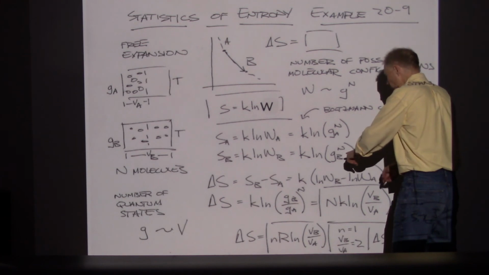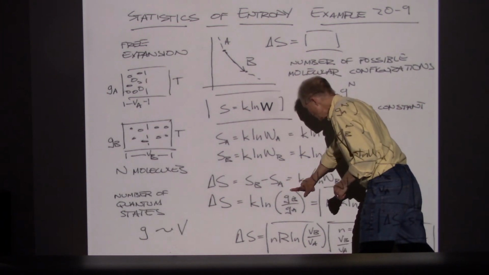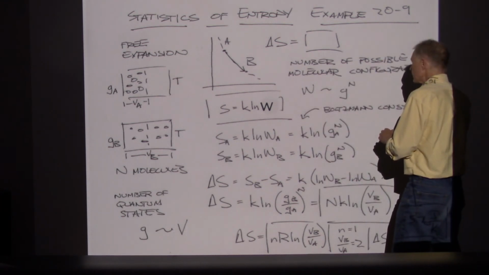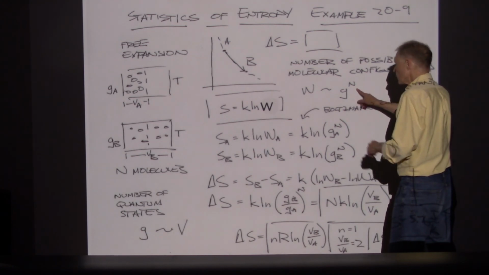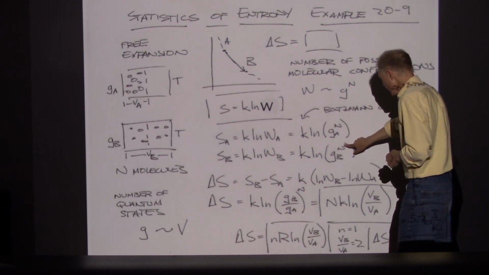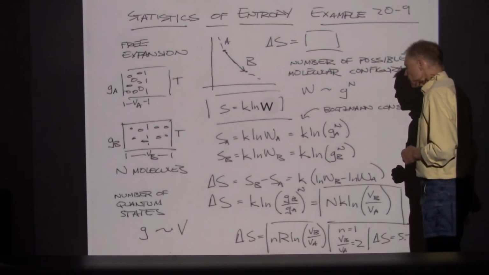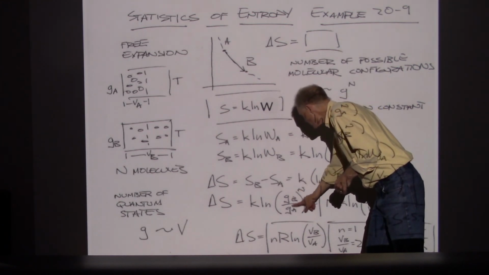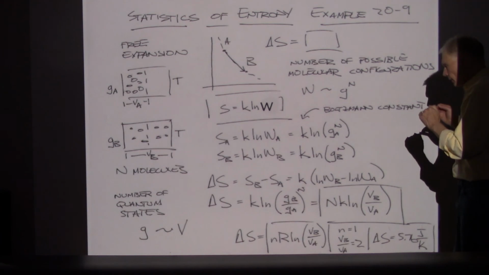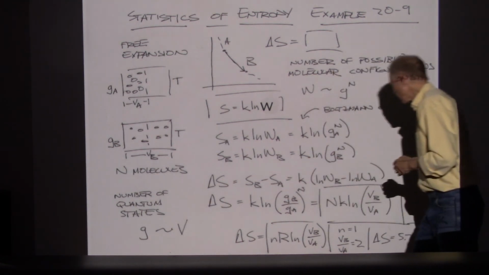Well, differences of logarithms means that we would get the logarithm of W_B over W_A. Now, when I take W_B over W_A, that's g_B to the n power over g_A to the n power. That becomes the logarithm of g_B over g_A to the n, and using the properties of logarithms, I can bring the n out in front of the logarithm.